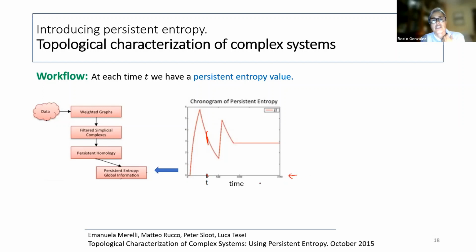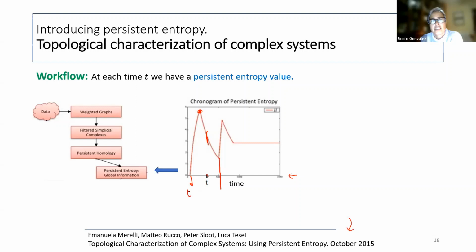We have a function that evolves along time, and what the authors of this paper noticed is that only by looking at this function, we can perfectly and very clearly see when the antigen is injected, when the reaction reaches the highest level, and when the second antigen is injected.